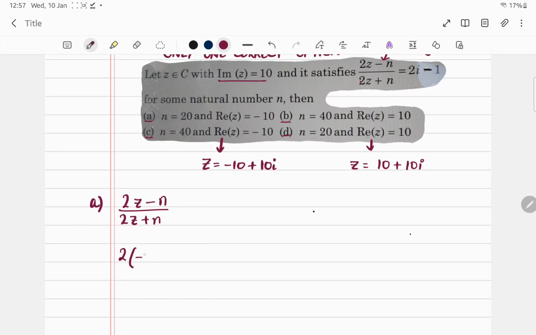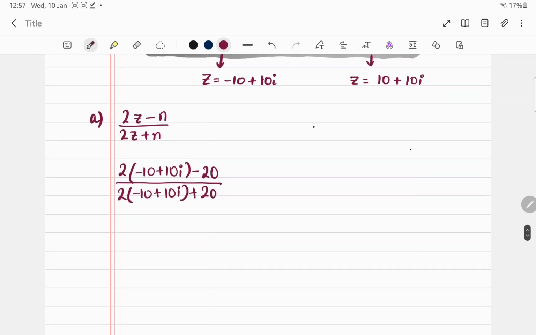So let's substitute. We have 2 times z, which is minus 10 plus 10i, minus n, and n is 20 this time, over 2 times minus 10 plus 10i plus 20. Let's solve this. That gives us minus 20 plus 20i minus 20 over minus 20 plus 20i plus 20.